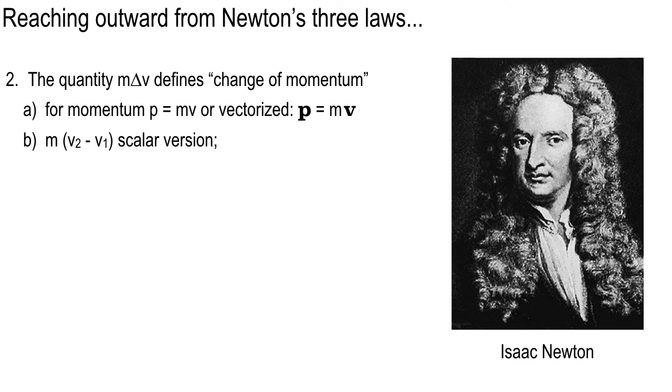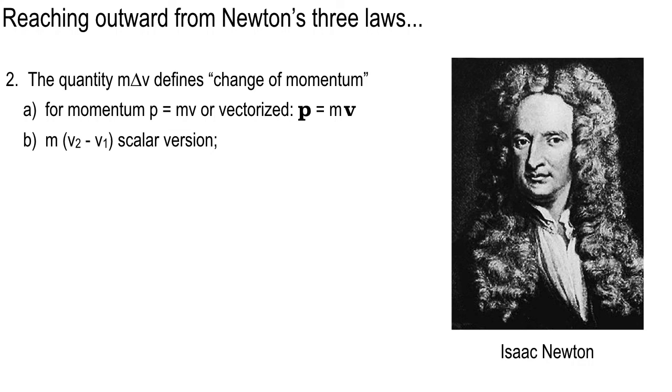The symbol customarily used is the letter P. I don't know why they use letter P, but P equals mv, that's the definition of momentum. And so the impulse is really talking about the change of momentum, delta P.